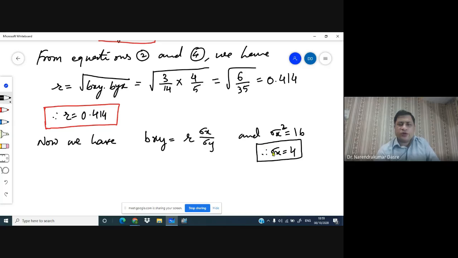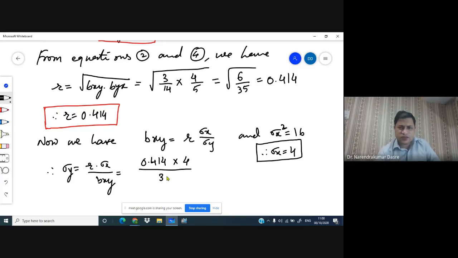Now I know bxy and r, and I want to find sigma y, so I can rearrange the terms as sigma y is equal to r into sigma x upon bxy. So what we get here is 0.414 into 4 upon 3 by 14.